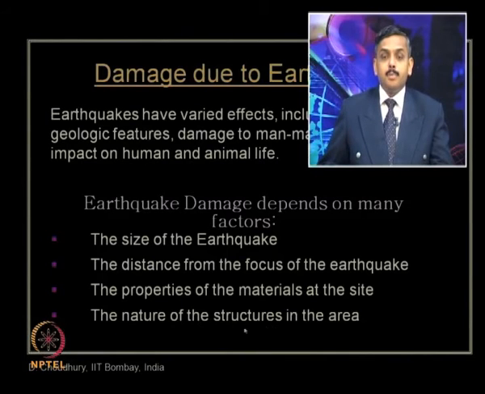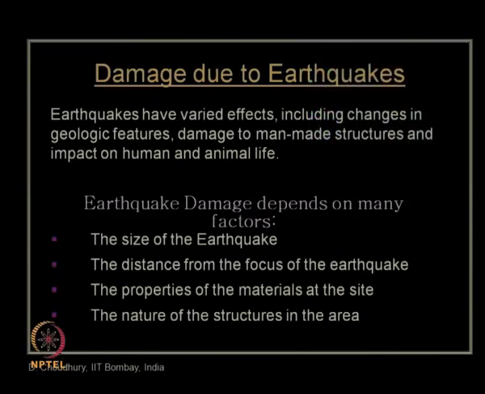For example, suppose in an area we have more mud houses or non-engineered structures, say masonry structures which do not have beams, columns, etc. In that case, if an earthquake occurs at that site, major damage will occur, compared to the same site with better engineered construction with reinforced columns, reinforced beams, slab, etc., a properly designed building, which will go through a lesser amount of damage or no damage during an earthquake at the same site.